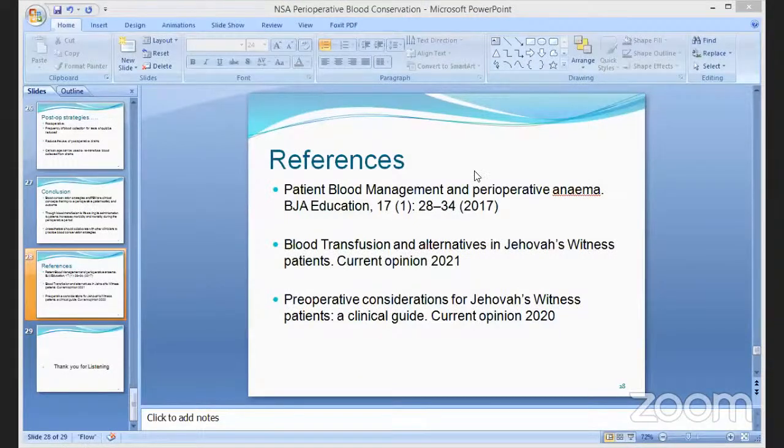He has been the head of the anesthesia department in ABUTH Zaria since 2017. Dr. Yakubu is a member of the International Association for the Study of Pain, IASP, and a member of the Society for the Advancement of Patient Blood Management, SABM. No wonder he's interested in telling us about blood conservation.